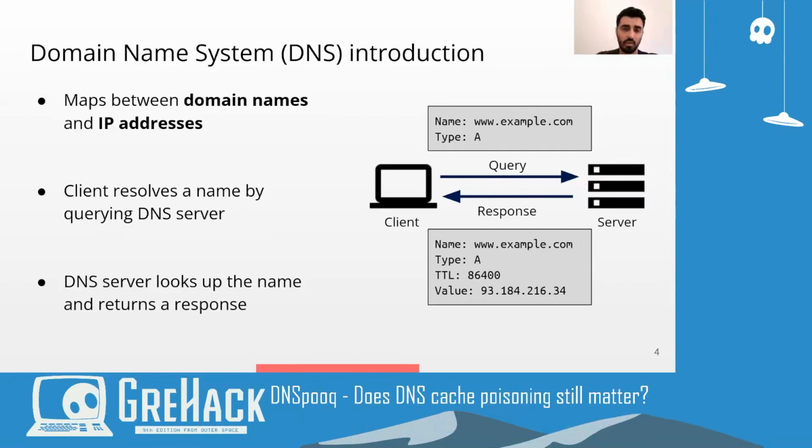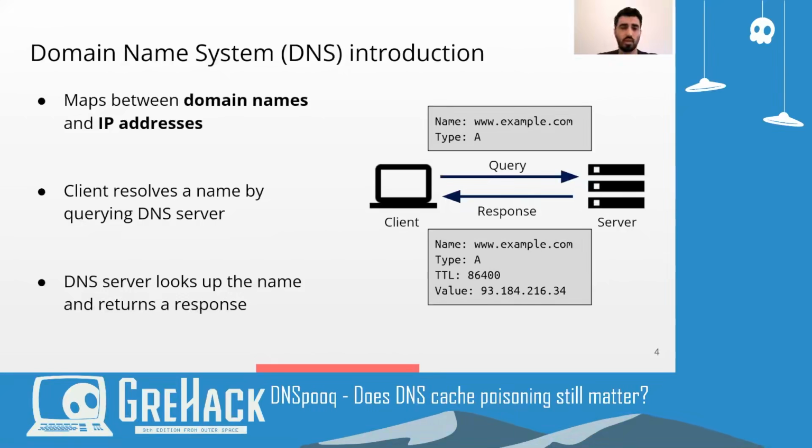In this example, the client queries www.example.com. The server looks up the response in its cache and returns a response to the client, specifying the relevant IP address, together with the time to live value, specifying how much time the client should cache this query.